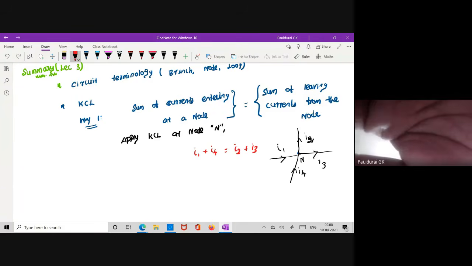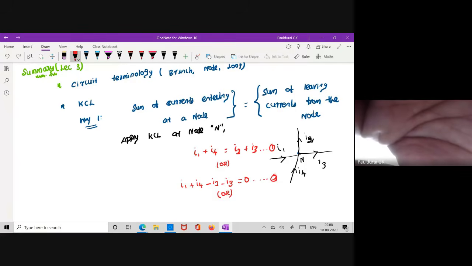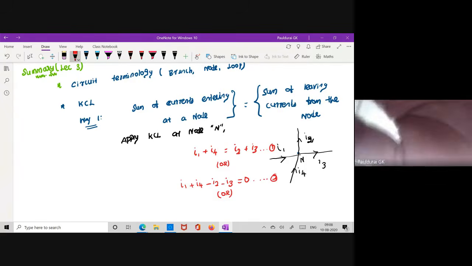In another way, take this equation 1. Otherwise, this can be written as I1 plus I4 minus I2 minus I3, which is equal to 0. Take this as equation number 2. Now bring all the left hand side terms to the right hand side.